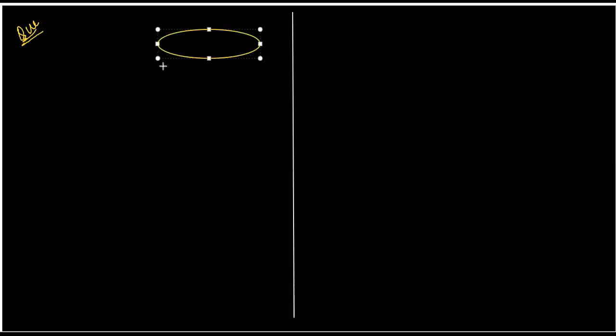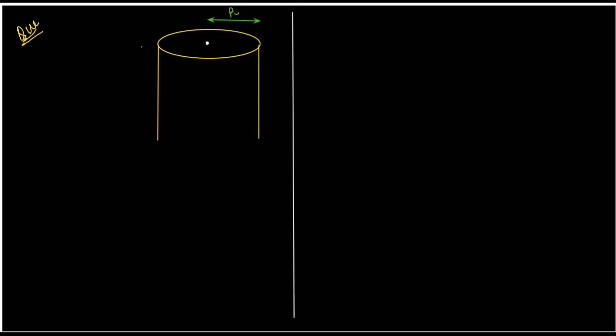Let's say you have a vessel of this sort. It has radius r. Let's say if I first mark the center, this is the center and we have this as the radius. So we have the radius as r.